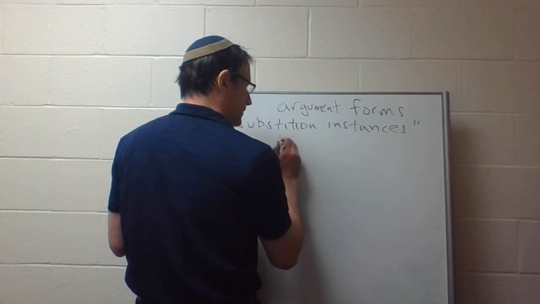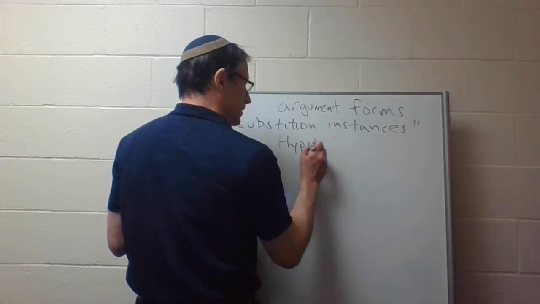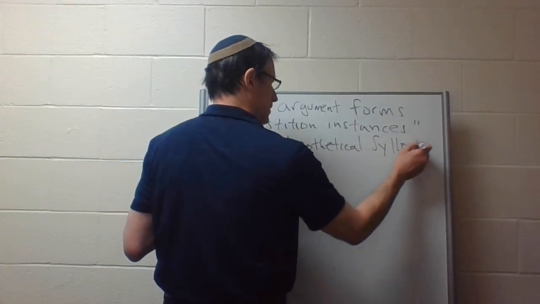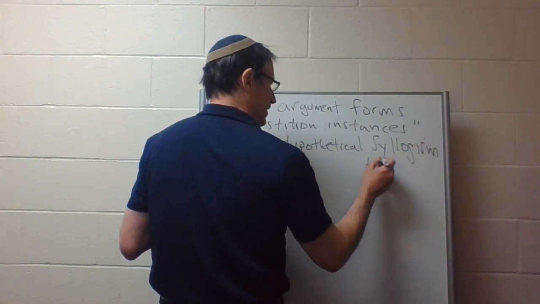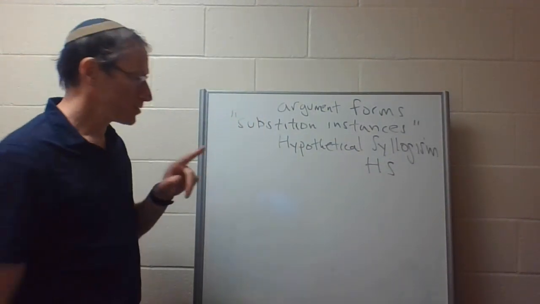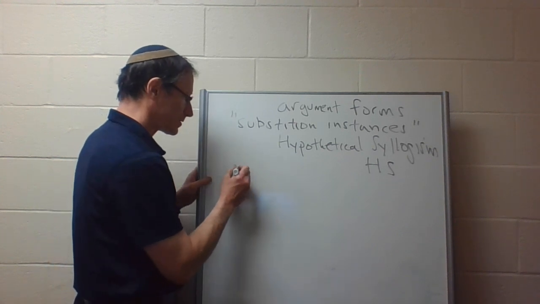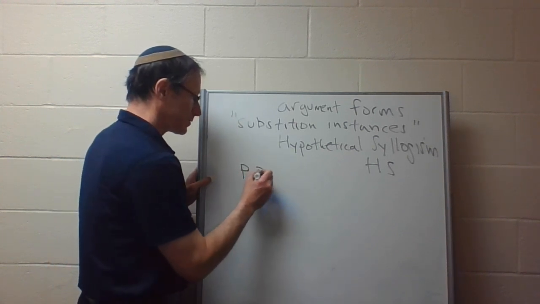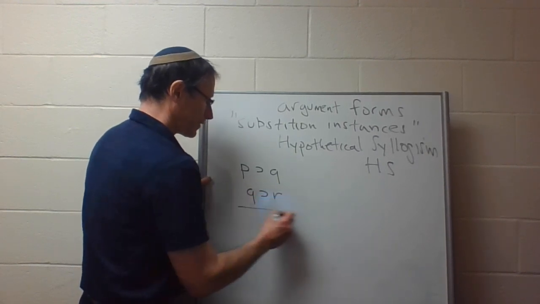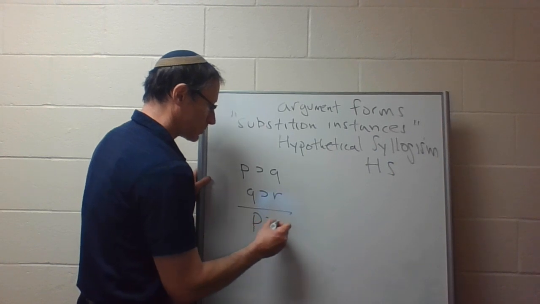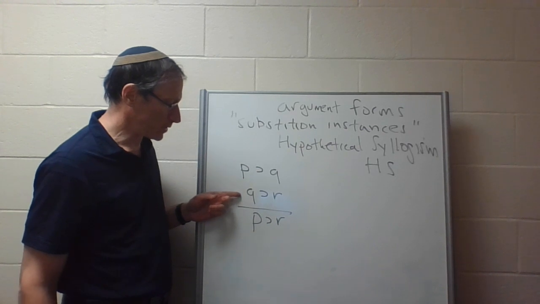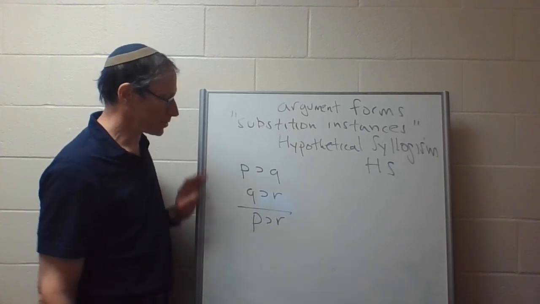Hypothetical syllogism, abbreviated by HS, is when you have two horseshoes like this, P horseshoe Q, Q horseshoe R, and then you have as a conclusion P horseshoe R. Notice that you have two horseshoes as your premises and a horseshoe as your conclusion.